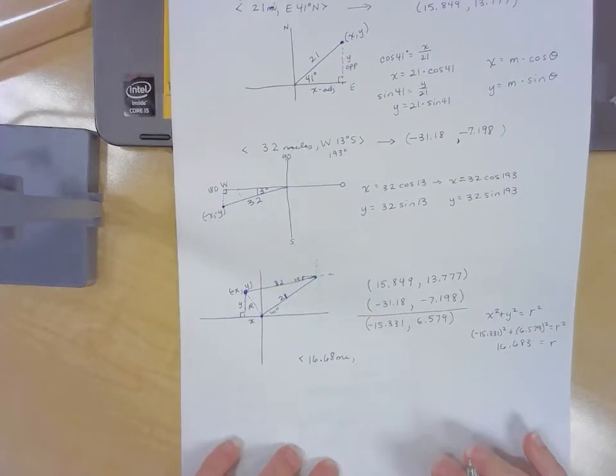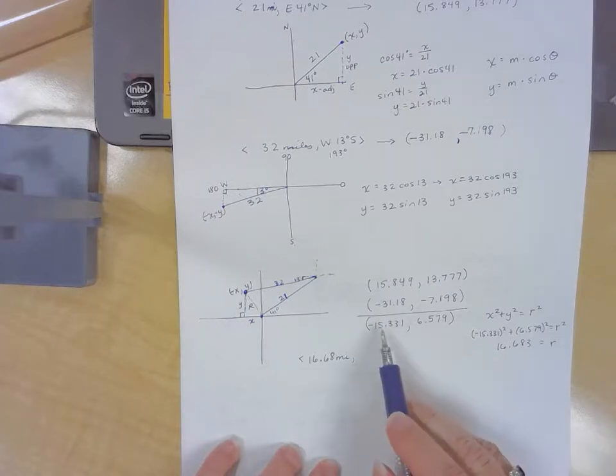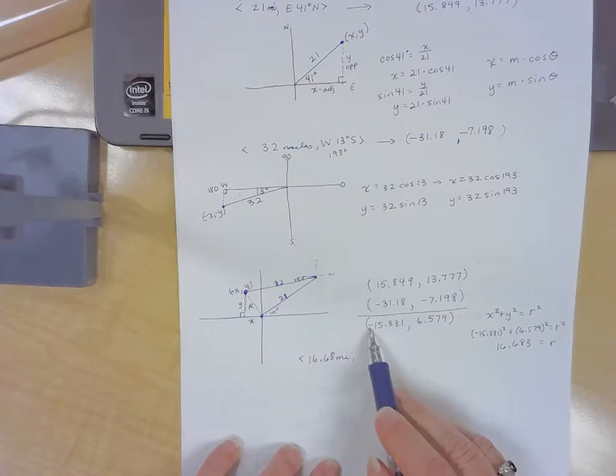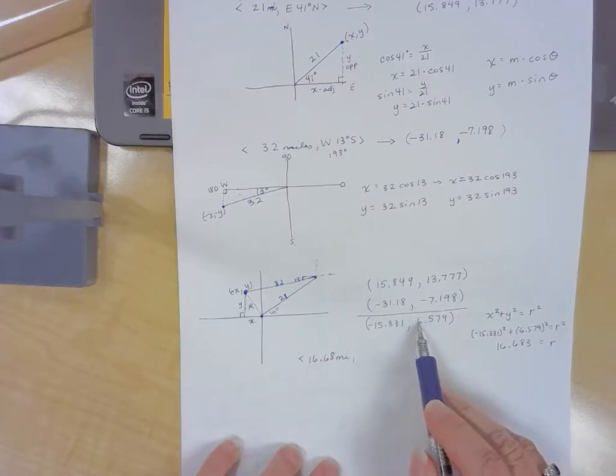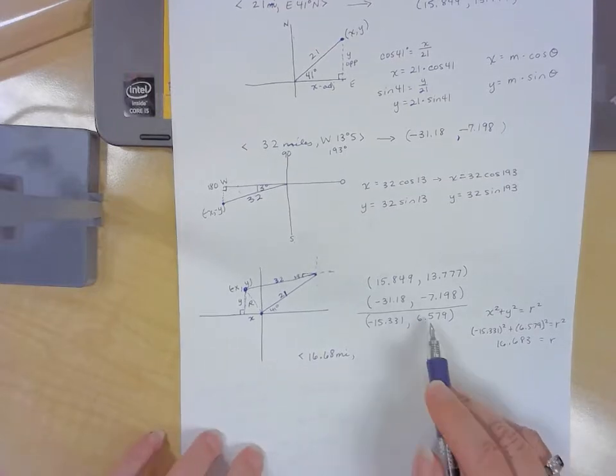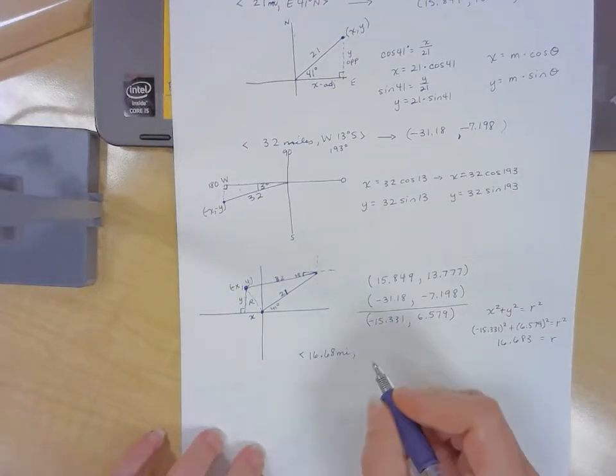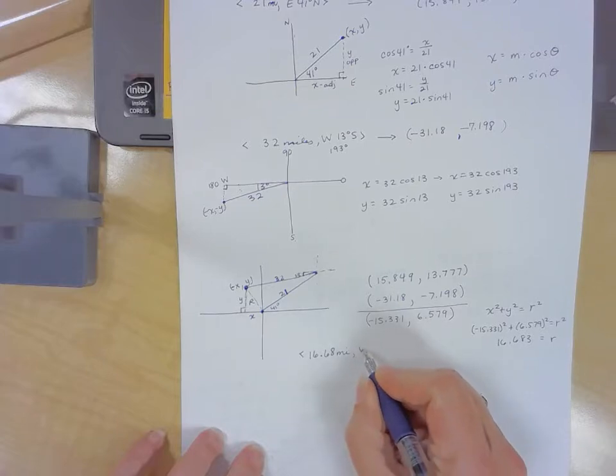We need an angle. Well, it's clear to me that I have an angle that's going to have a west-north direction. This also tells me it's west because x is negative. Second direction is north because y is positive instead of negative. Negative would be south. So I already know that I've got a west-north direction.